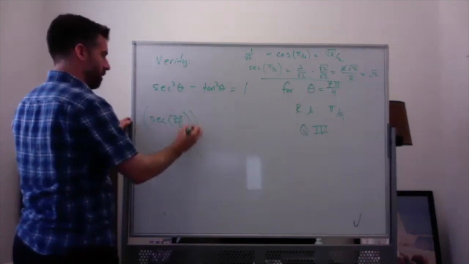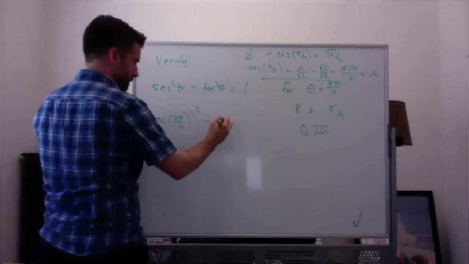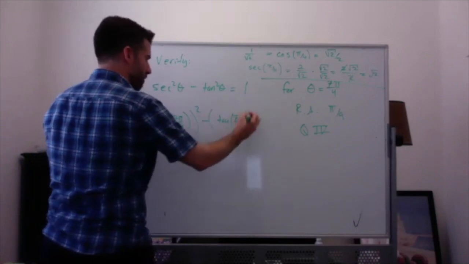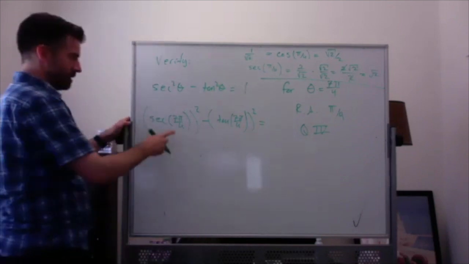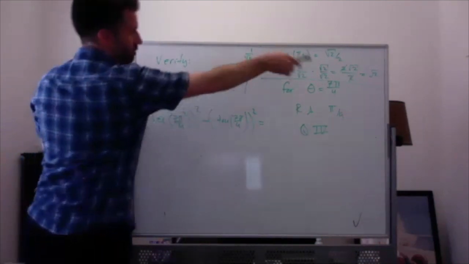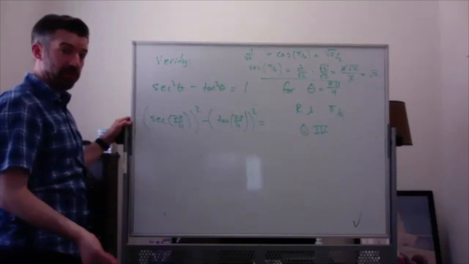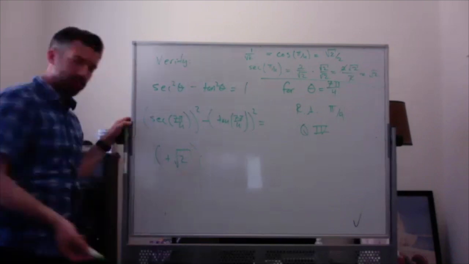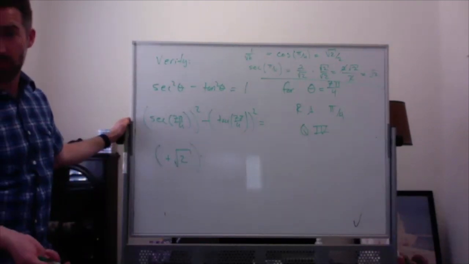Okay, so secant of 7 pi over 4, squared, minus tangent of 7 pi over 4, also squared. Now let's see. So we just said, well, we said secant of pi over 4 is root 2. So secant of 7 pi over 4 is going to be positive root 2 because it's in quadrant 4 and secant is positive there.